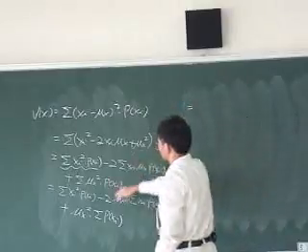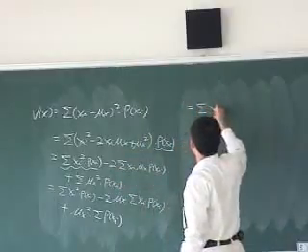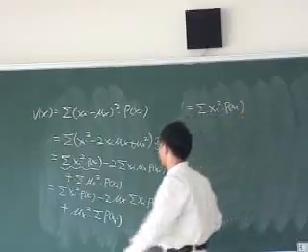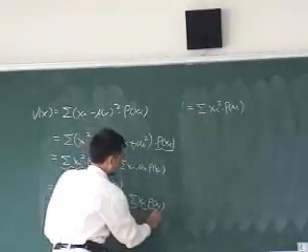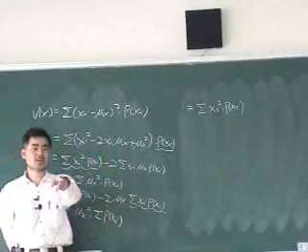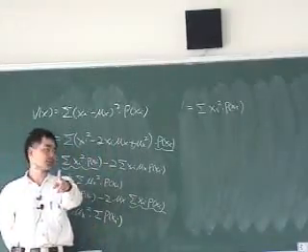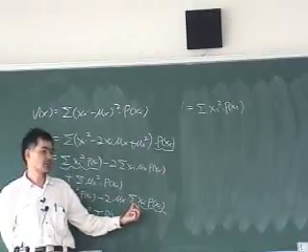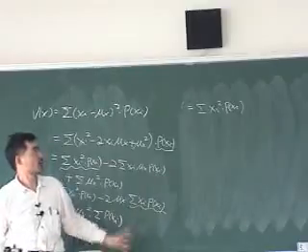So the same thing, this part is going to be xi squared times pxi. Can anyone tell me what this is equal to? What is this part equal to? Sorry, I just erased it.